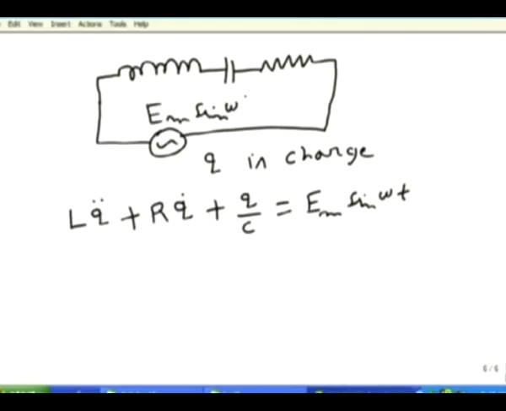This is the equation commonly used in electrical and electronics.